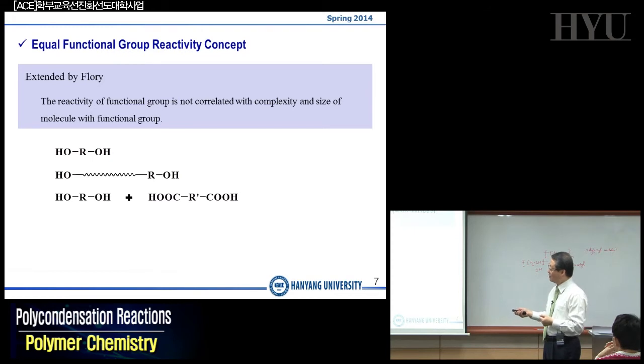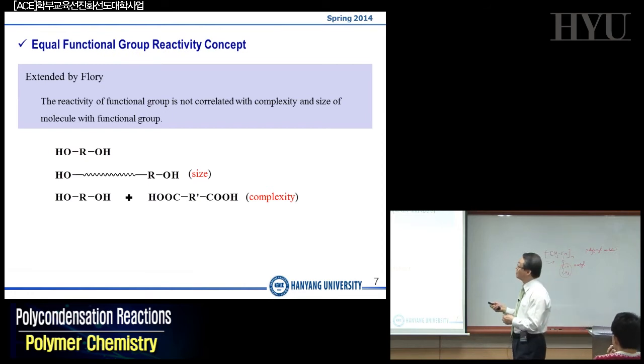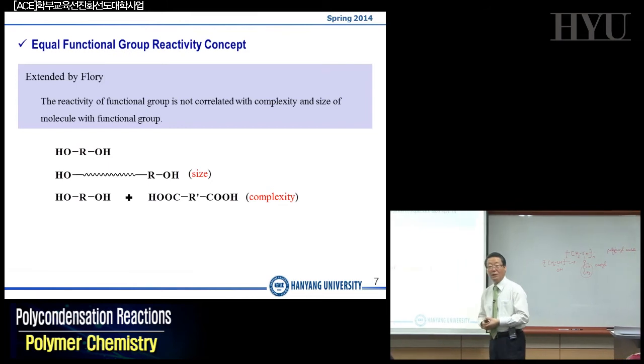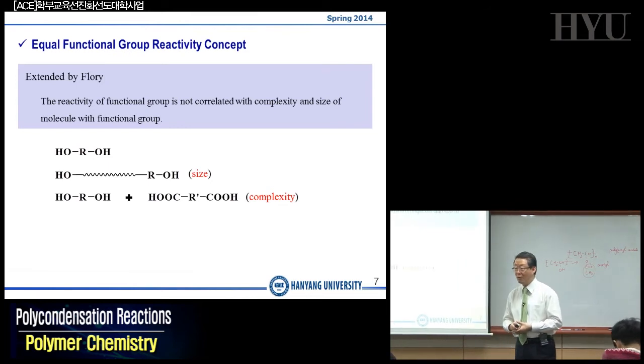In other words, the reactivity of your alcohol and your carboxylic acid to form the polyester doesn't really matter. Okay? So size or complexity of the functional group does not really bother the polycondensation reaction, is the concept suggested by Flory.